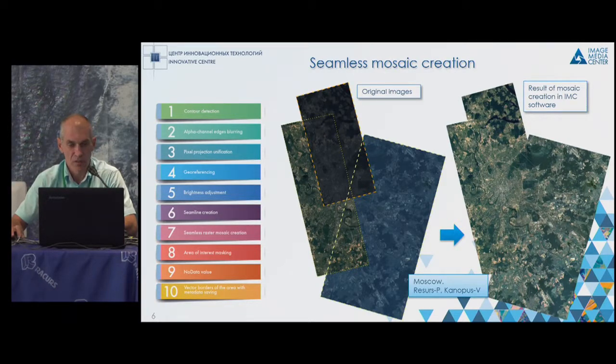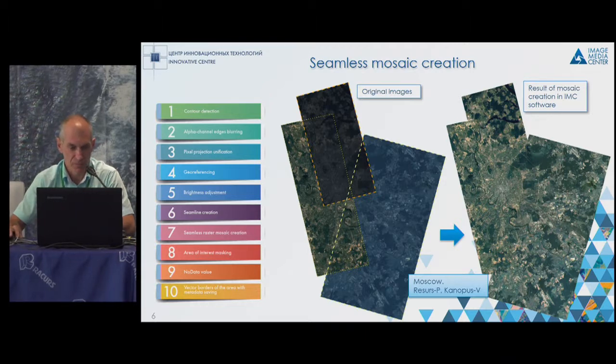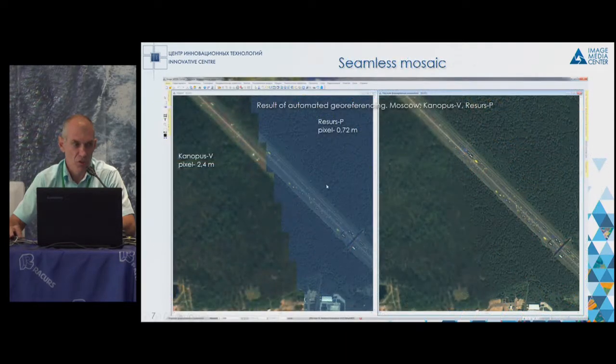First, we had to stitch this data into a single unit to process it, and here you can see an example of stitching the mosaics from different areas from Canopus P and Canopus and Resource P, and when stitching, you see it's matching quite well.